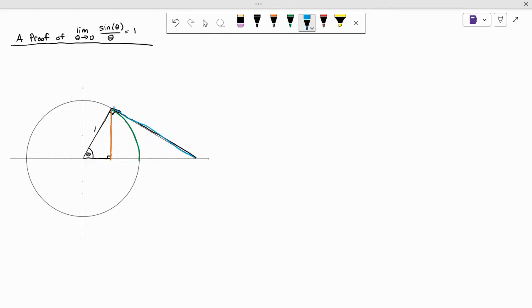You can also use areas, but never mind that. So what expression using our figure here would give you the length of the orange segment, that vertical segment, in terms of theta?